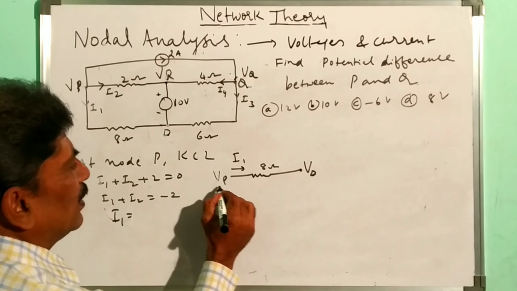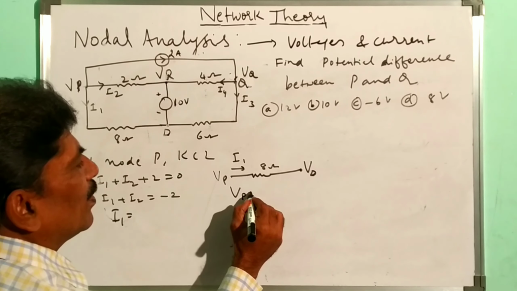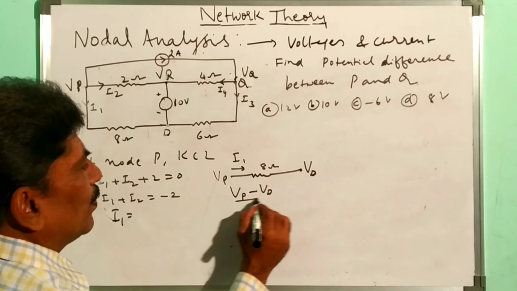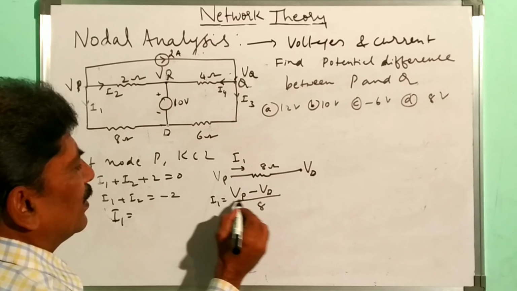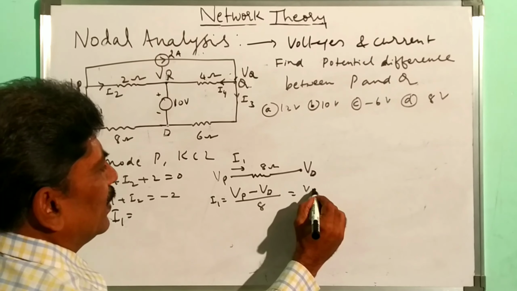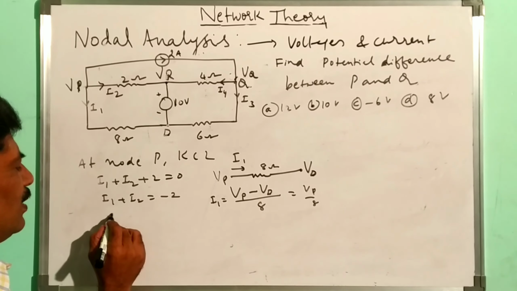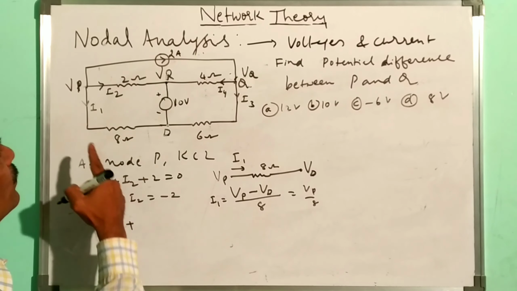We are moving from this end. VP is at higher potential, so VP minus VD by 8 is nothing but I1, which is VP by 8 only. So I1 is nothing but VP by 8, plus I2.